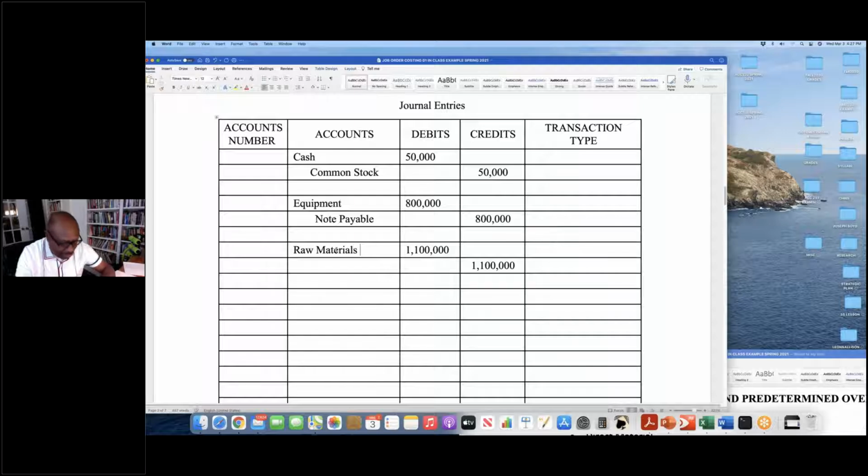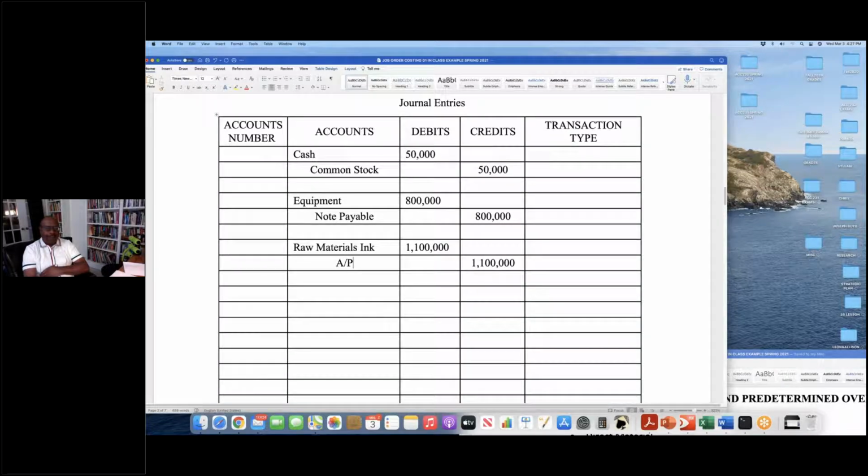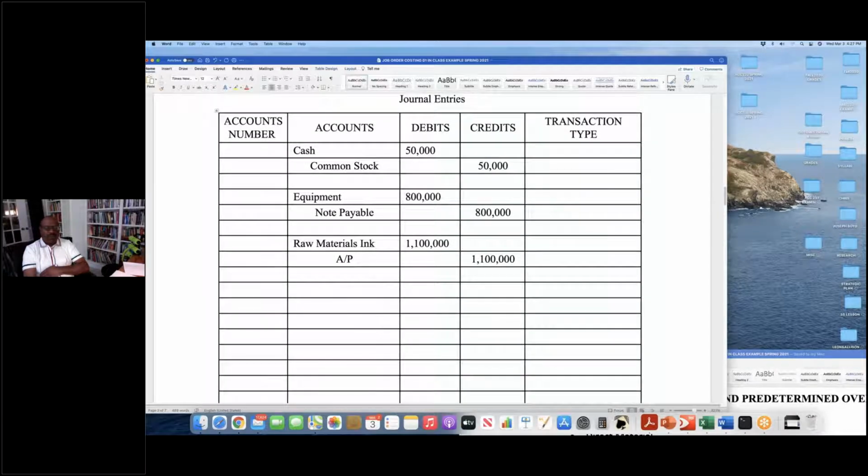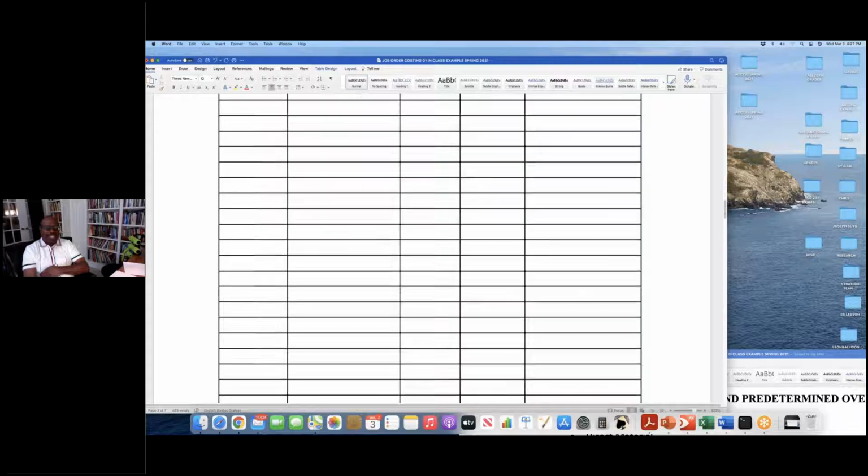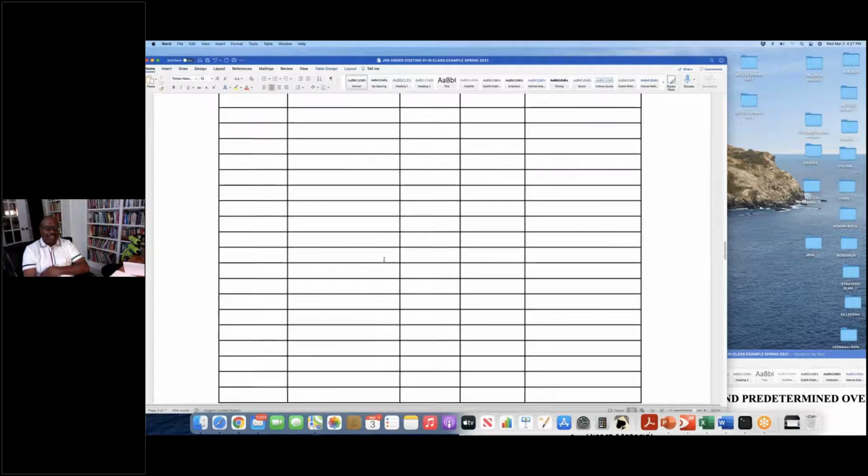Raw materials, ink, right? What are we gonna credit? When you buy inventory. Oh, accounts payable. So we do raw materials, ink, and then accounts payable. Yeah, I'm looking at stage 1 right now, so definitely.